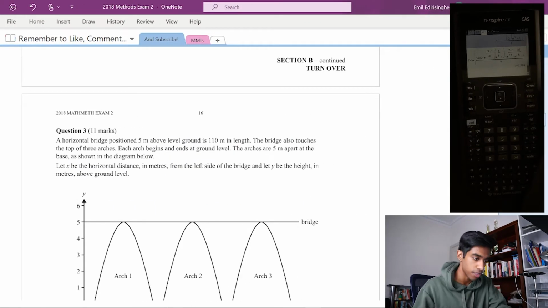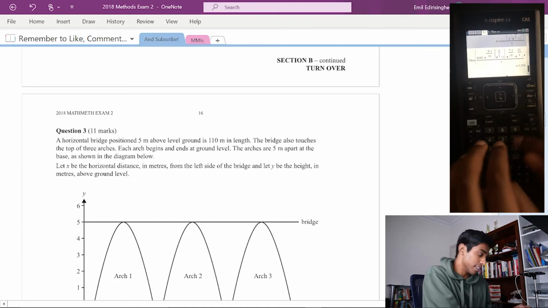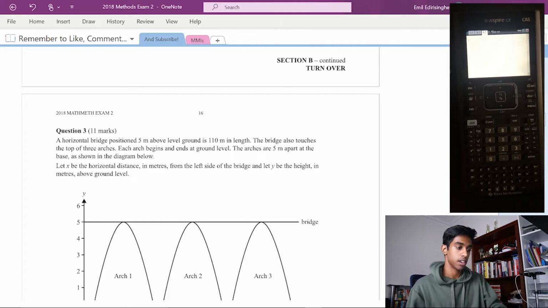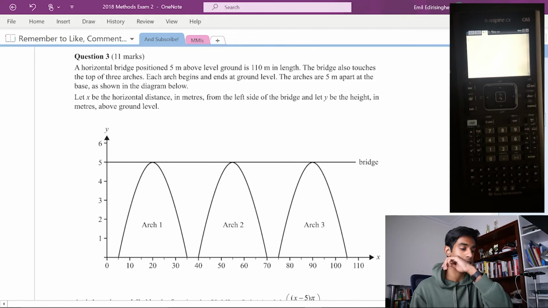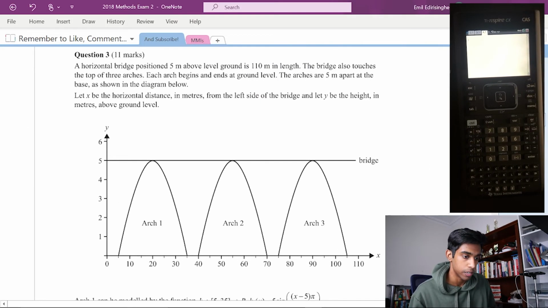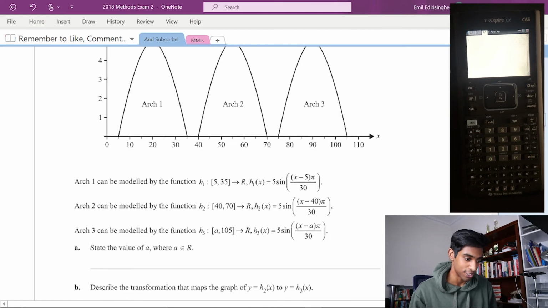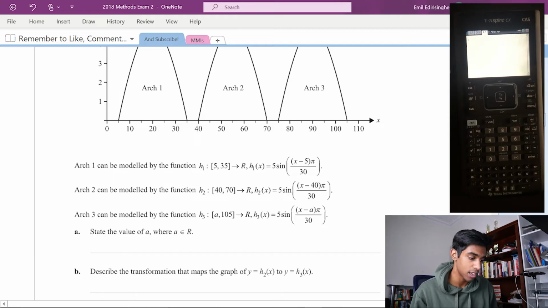Okay, so now we're up to question 3, which is another short answer question. So what I'll do is I'll make another new problem on the CAS, and then I'll add a calculator. So here we've got a horizontal bridge positioned 5 meters above ground level, and it's 110 meters in length. We're given this information about the arches, and then we're given 3 big functions, which is a bit annoying, but then we're asked to find the value of A, which is in arch 3.